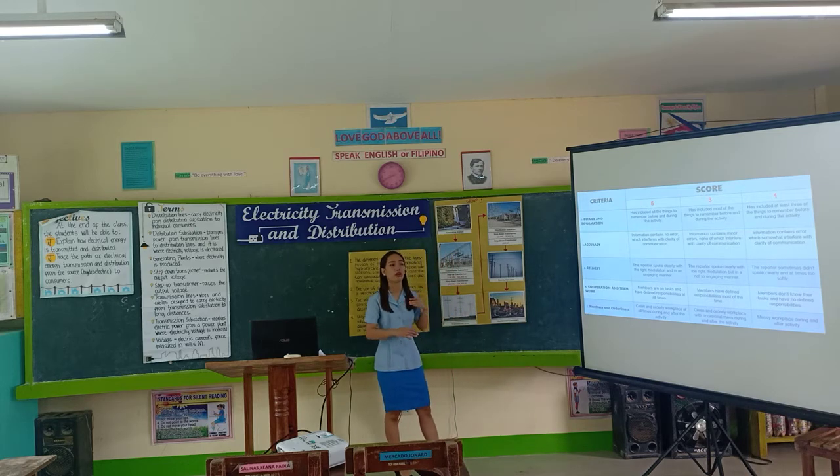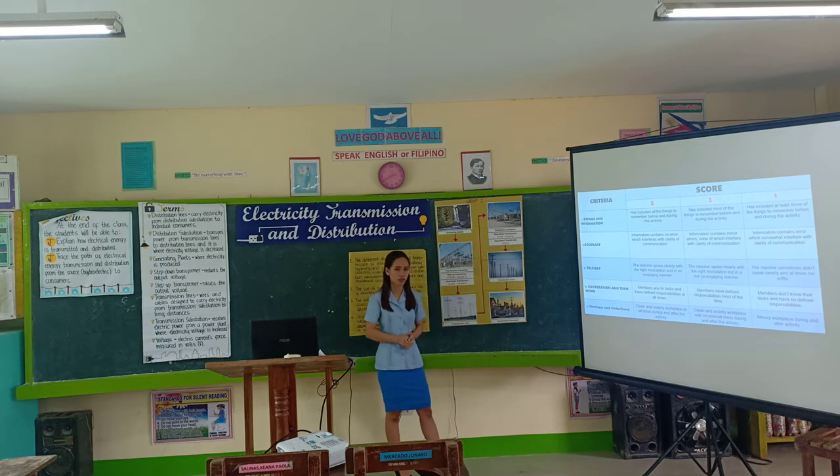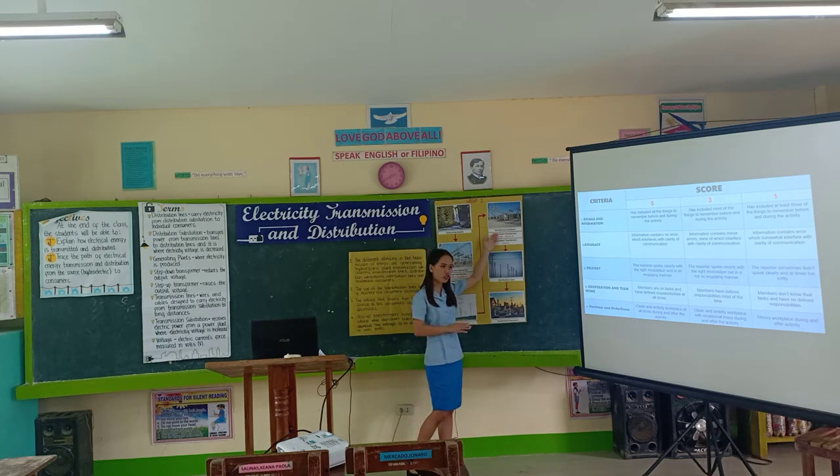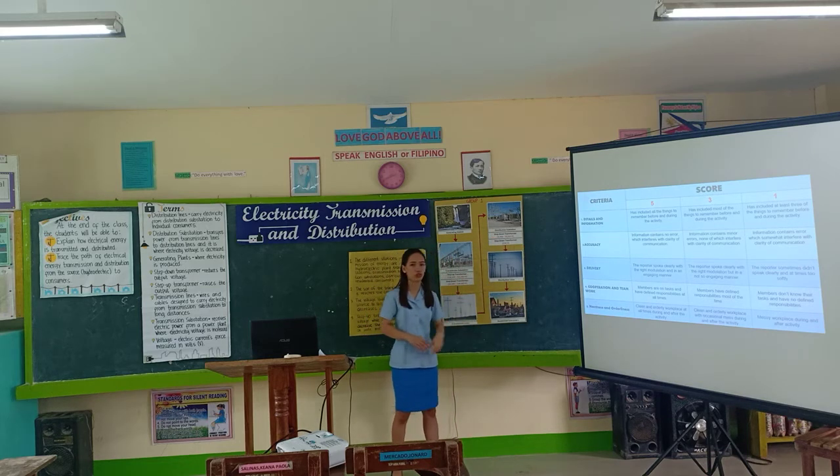And within the operating area, it further reduces until it has now 220 volts. So what's next after the distribution substation? That's right, the next one is the distribution lines.